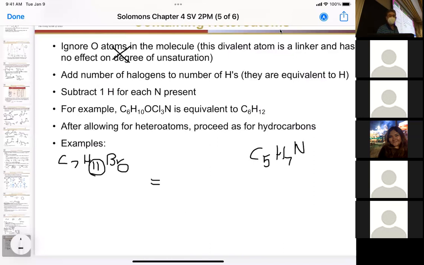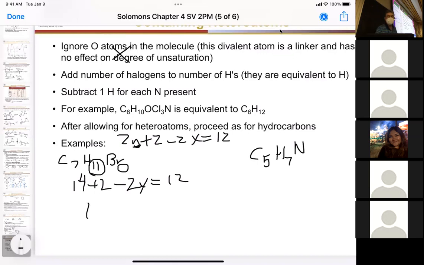So for this one right here, because halogens count as hydrogens, our number for hydrogens at the end of the equation is 11 plus 1, which is 12. So we have 2n plus 2 minus 2X is equal to 12. We plug in our 7 here, so that's 14 plus 2 minus 2X is equal to 12. So that's 16 minus 2X is equal to 12.